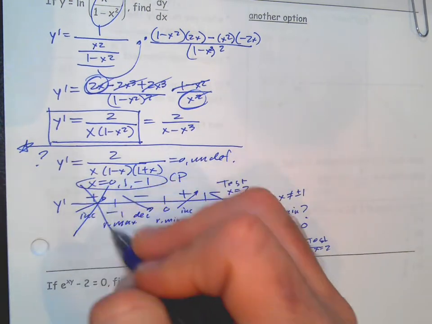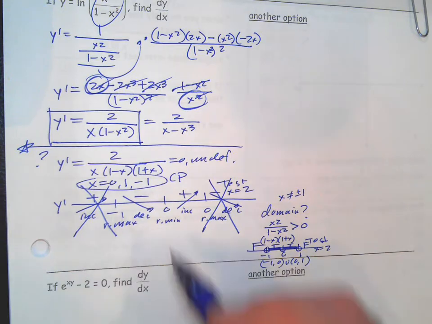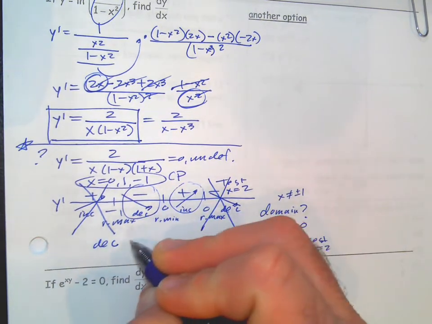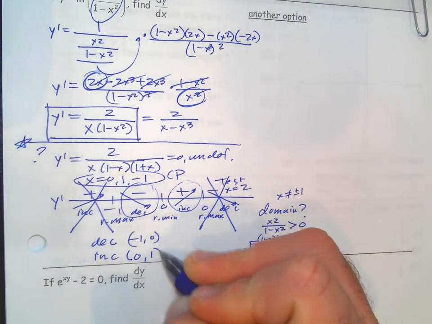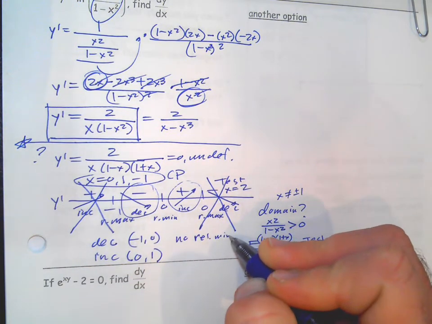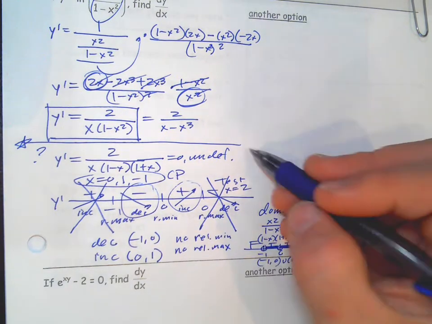So this is outside the domain, this is outside the domain, and 0 itself is outside the domain. So there is no relative min, by the way, because it's like a vertical asymptote there. There's no relative min. It is decreasing here and increasing here, but you would not include the endpoints here because they're not in the domain. Usually we include the endpoints. There is no relative min. There's no relative max. Anyways, just some interesting things to consider.